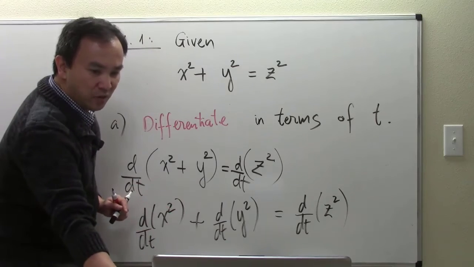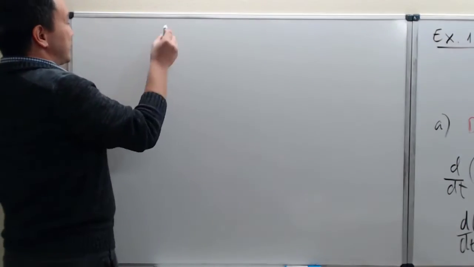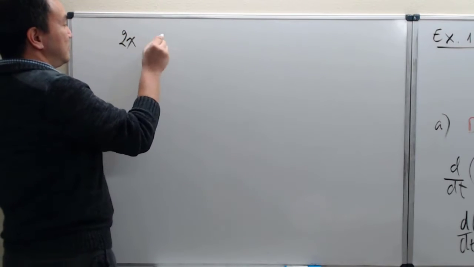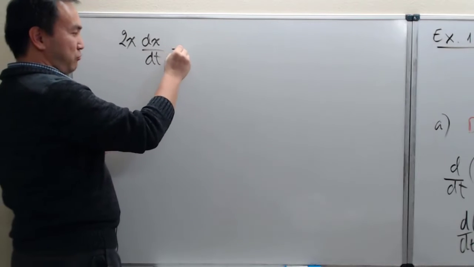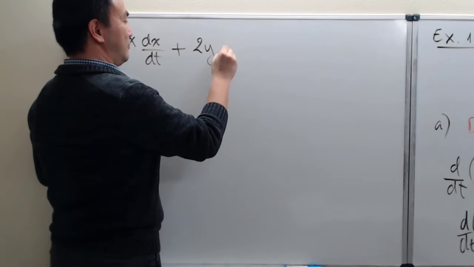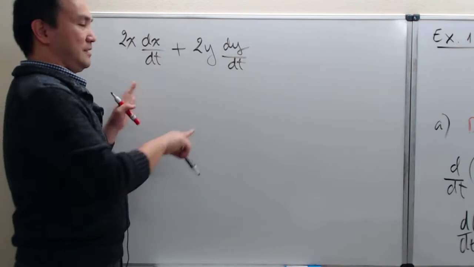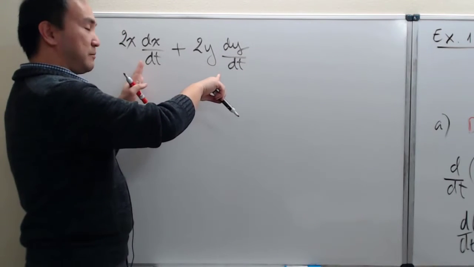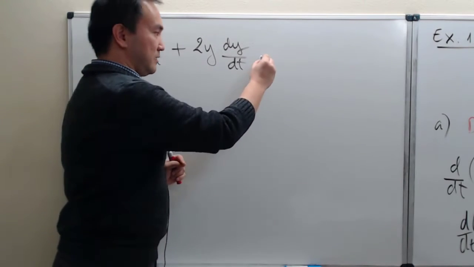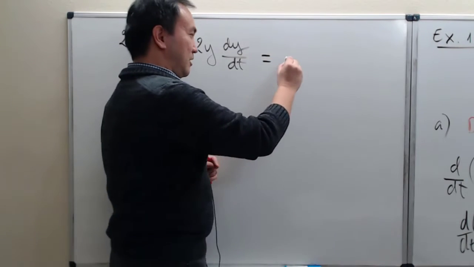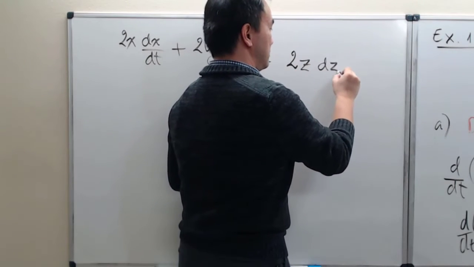So putting all the pieces together, we're looking at 2x multiplied with dx/dt, plus 2y multiplied with dy/dt, and that takes care of the 2 derivatives found on the left-hand side. Let's now move on to the right-hand side. That equals 2z multiplied with dz/dt.